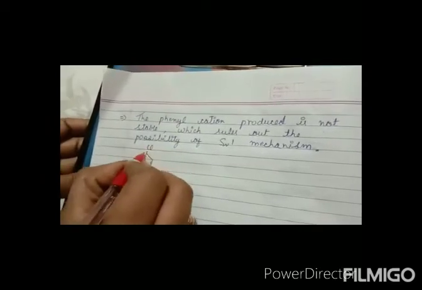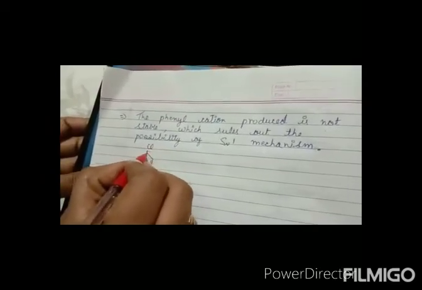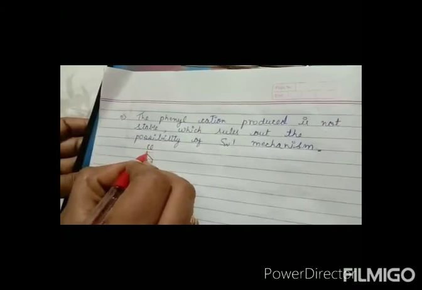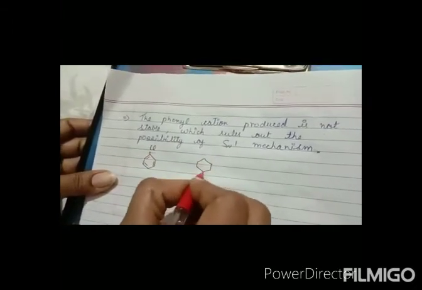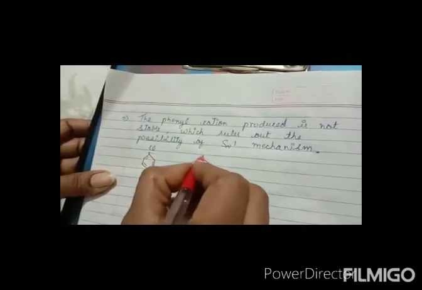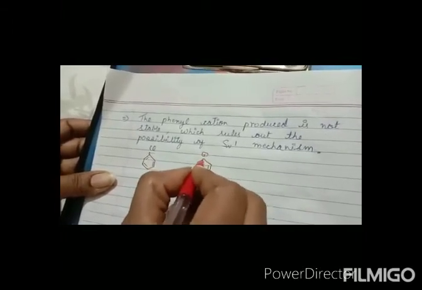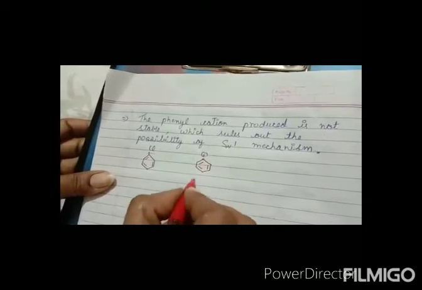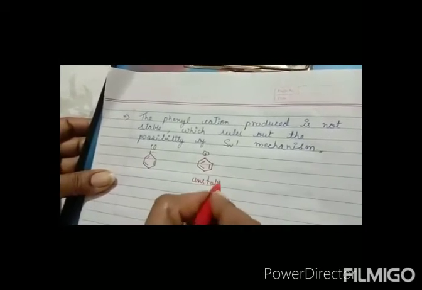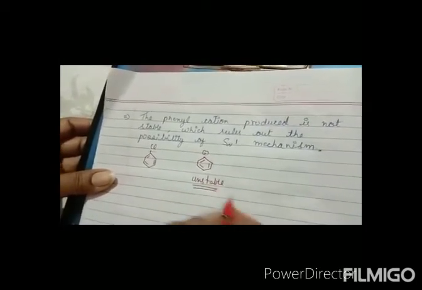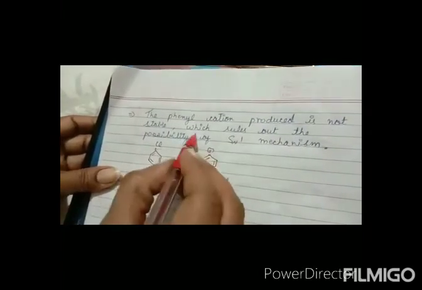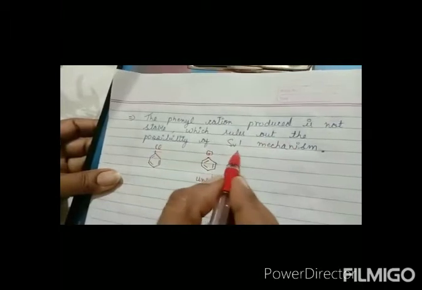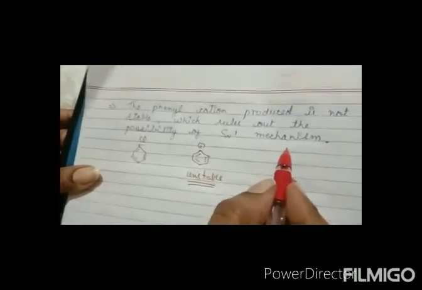Somehow if the cleavage of this carbon and chlorine bond takes place, it leads to the formation of the phenyl cation. Right? Now, this phenyl cation, students, is actually unstable, and therefore the product is also not stable, which rules out the possibility of SN1 mechanism.